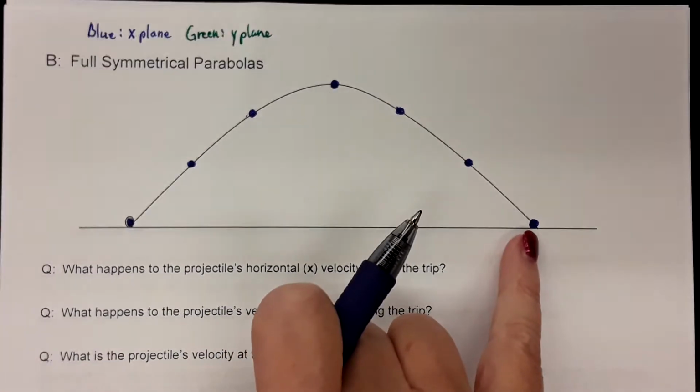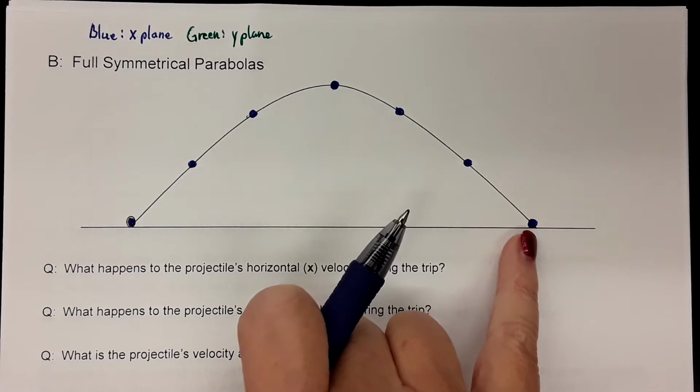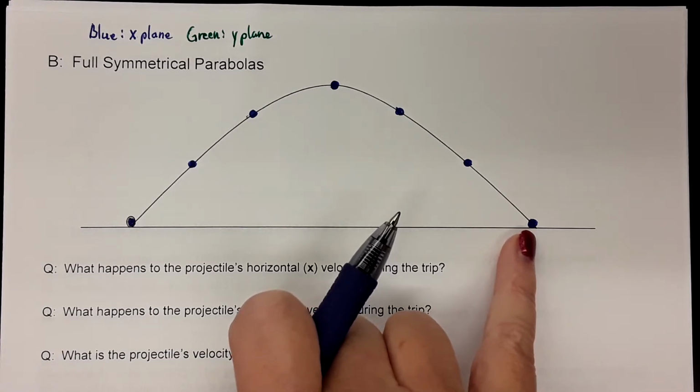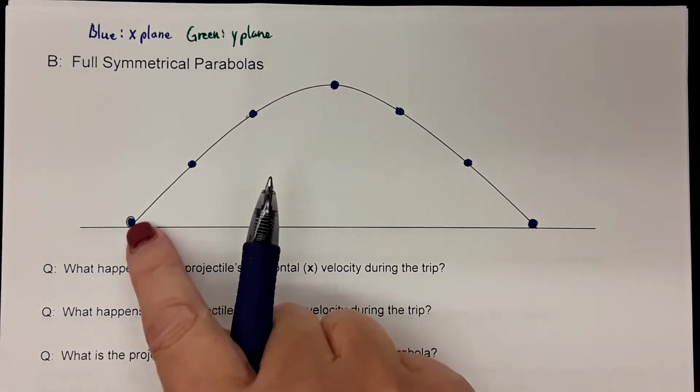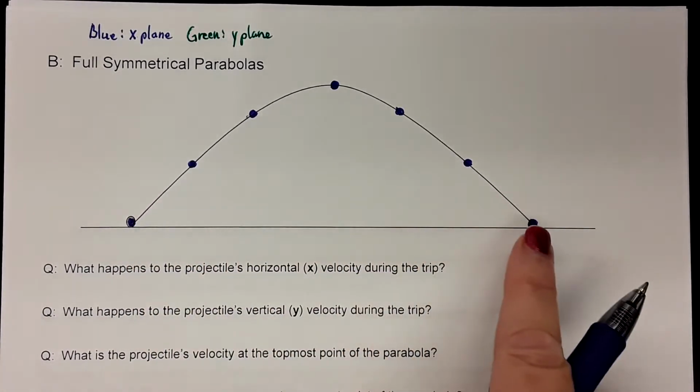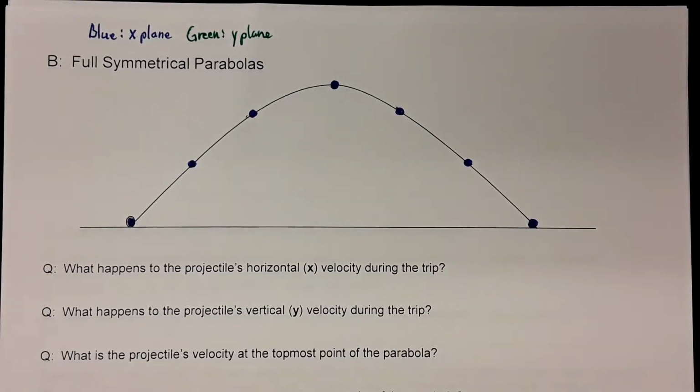Once it reaches the ground over here and the ground acts on it, it would be no longer in free fall, so it would no longer be a projectile. We're not looking at that either. So only from the point where it leaves the person's foot to the point where it strikes the ground do we consider the projectile motion.